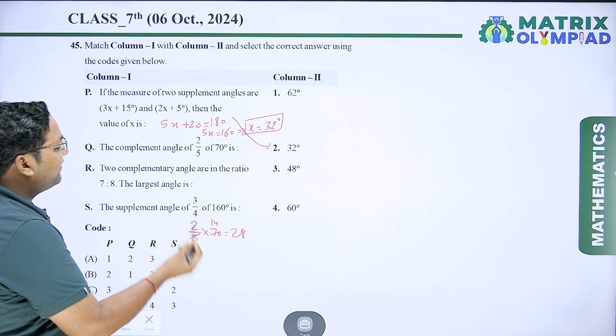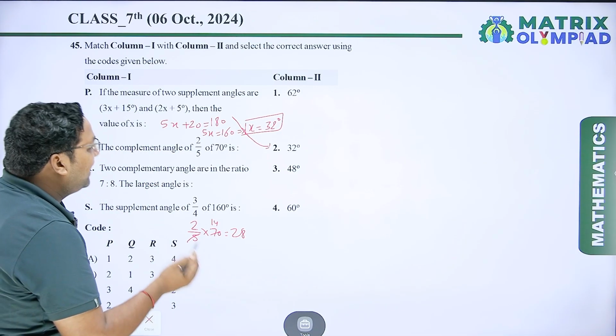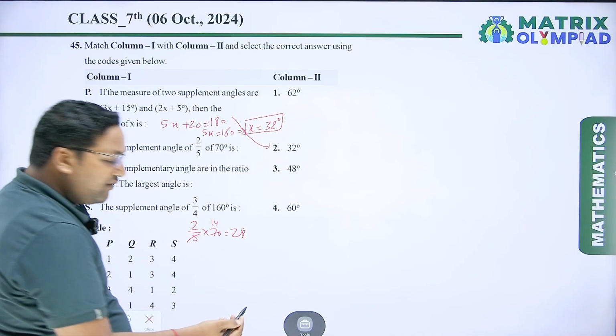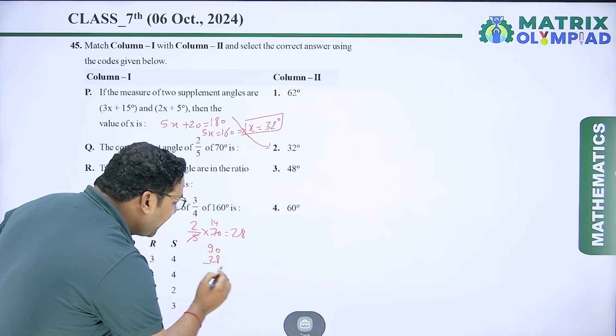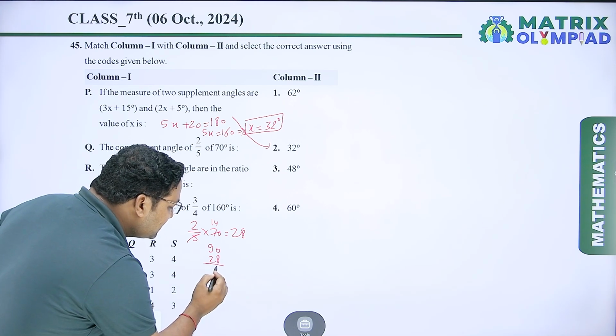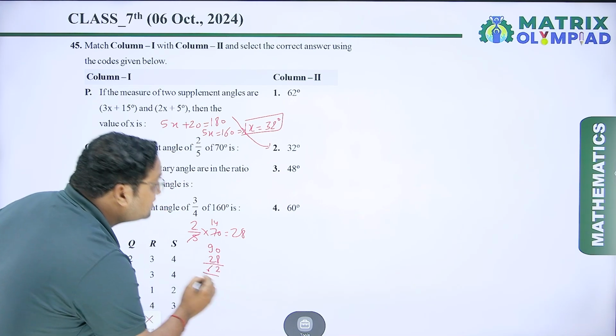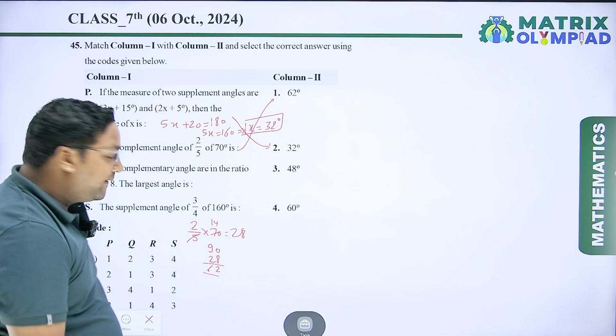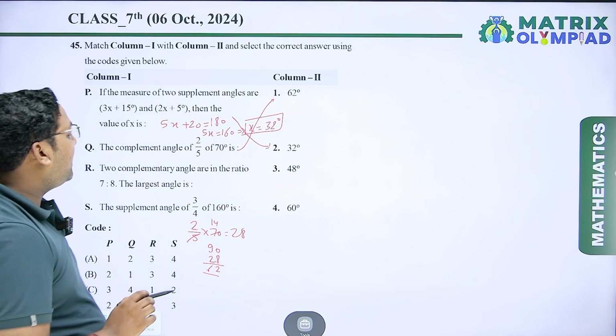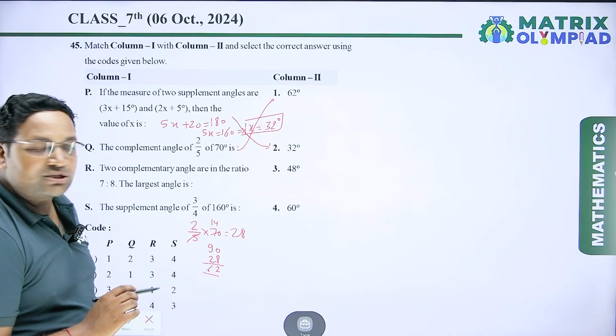So 2 by 5 of 70 is 28, and we have to find the complement of this angle. For the complement we subtract from 90, so we get 62 degrees. So the correct option is 1.